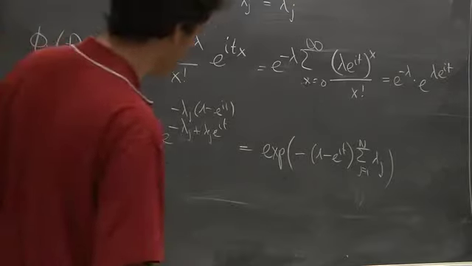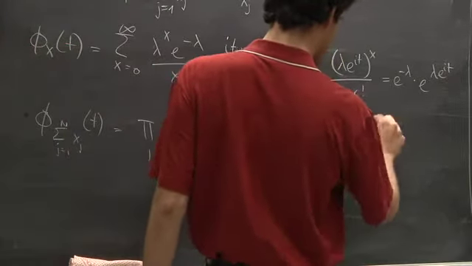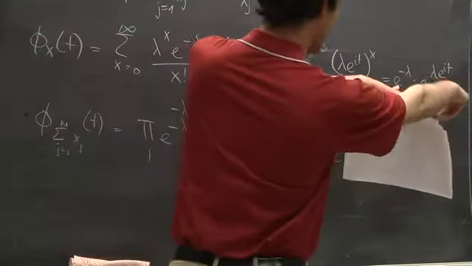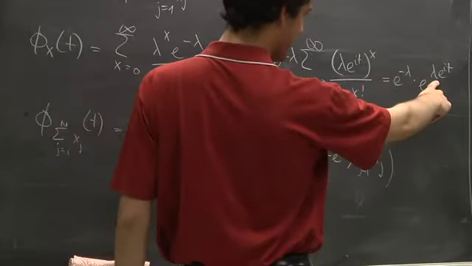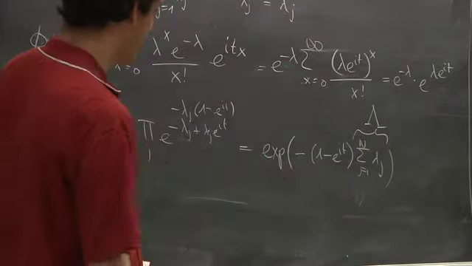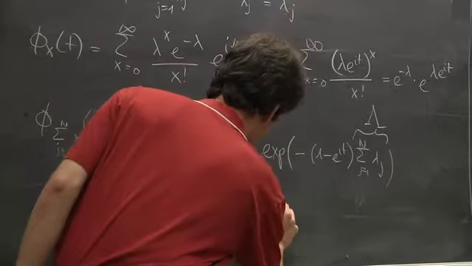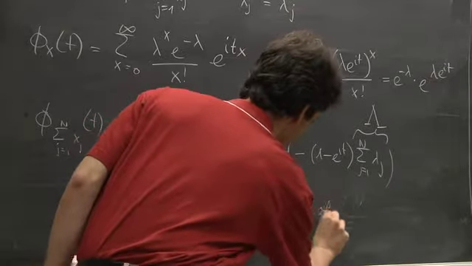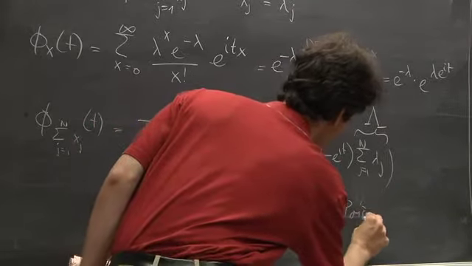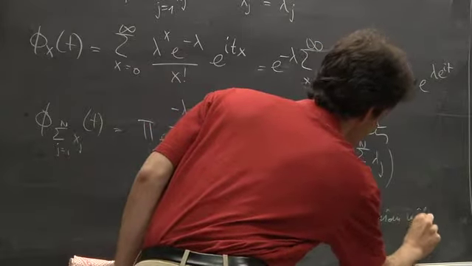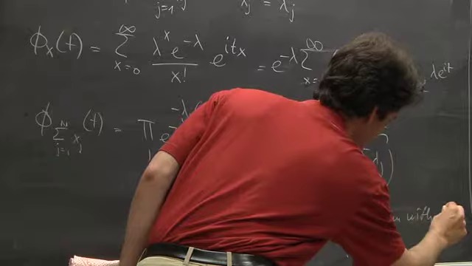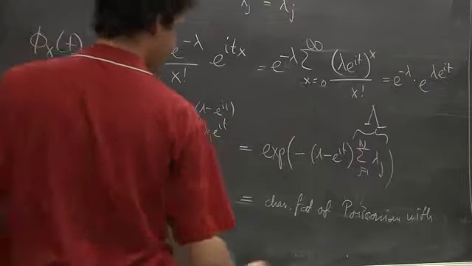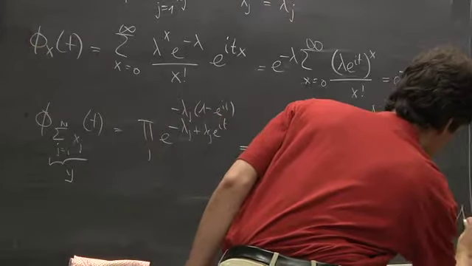This is a Poissonian again because this thing, let's call this big lambda. This has exactly the same form as this, no? Just small lambda is replaced by big lambda, no? So this is equal to the characteristic function of a Poissonian with a parameter with average mean. Let's call this again y. Then y is equal to big lambda, no?